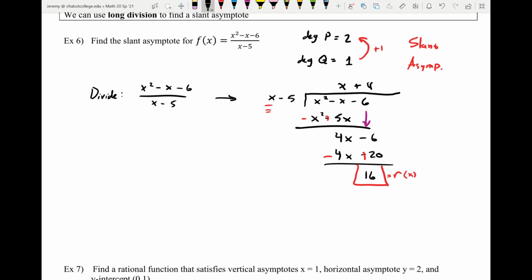Okay, so now what I can do is rewrite f of x as the quotient, x plus 4, plus the remainder, which is 16, over the divisor, which is x minus 5.